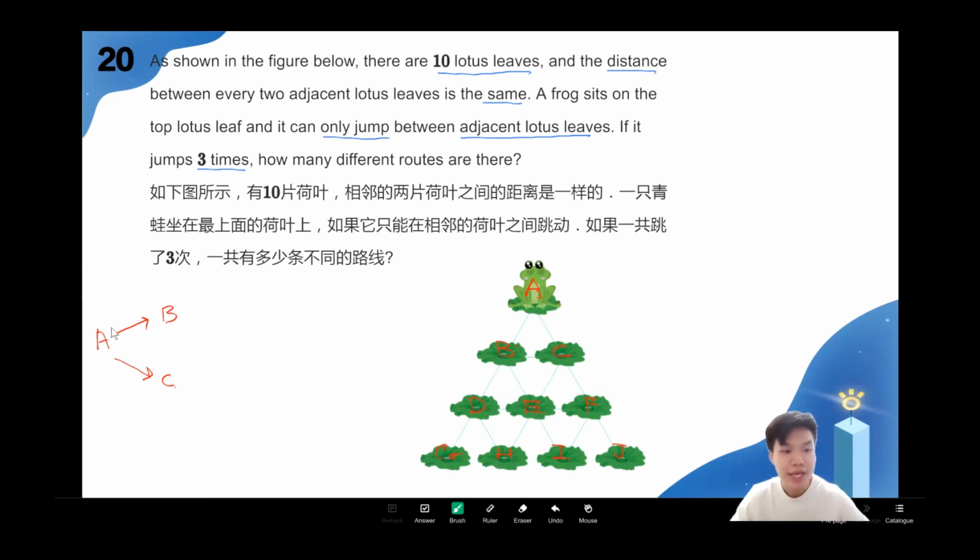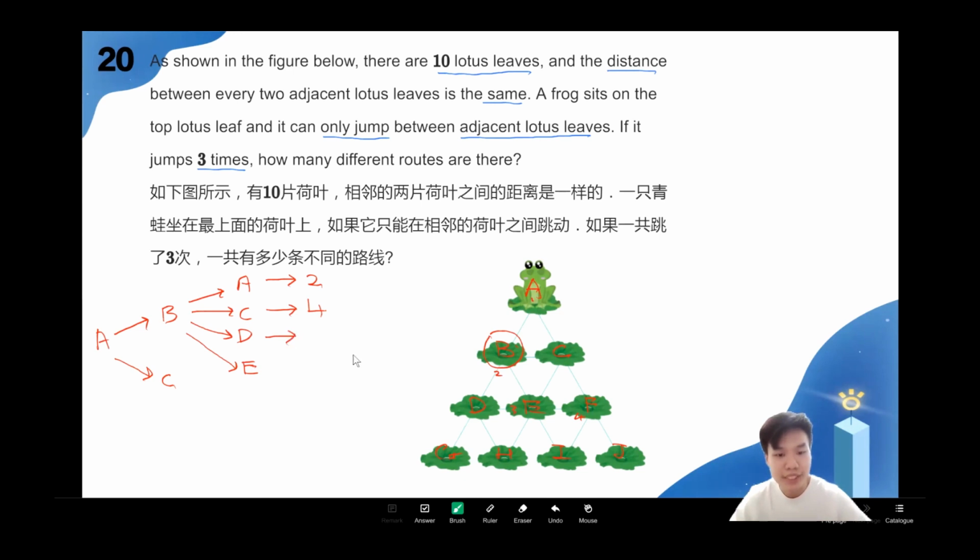Let's see, if A jumps to B, what are the possible leaves it can jump to? It can jump back to A, jump to C, jump to D, and also jump to E. From A, it can have two different possible routes, which is B or C. If it jumps to C, it then has how many? 1, 2, 3, 4. 4 possible routes.